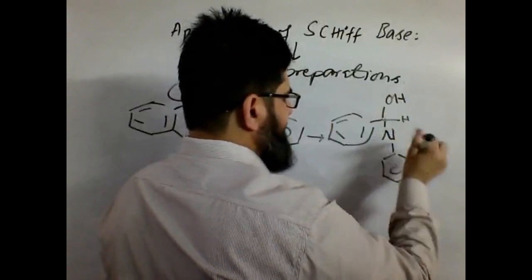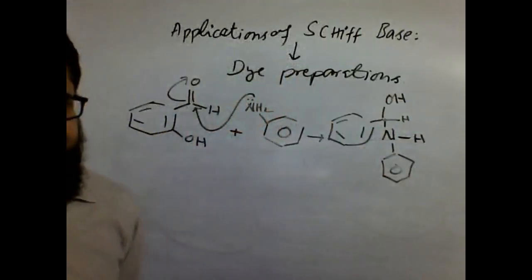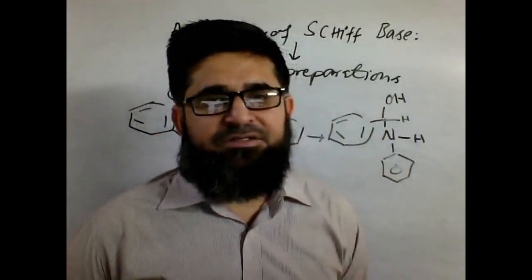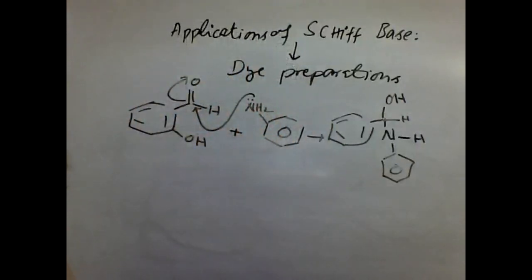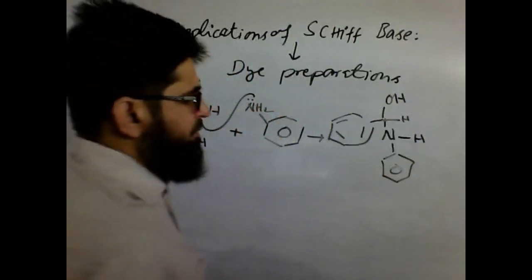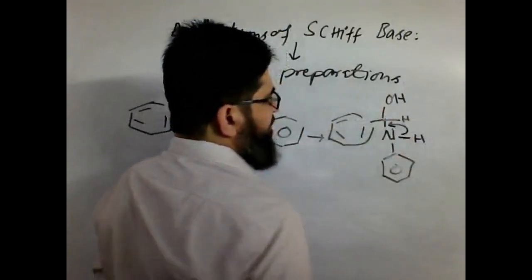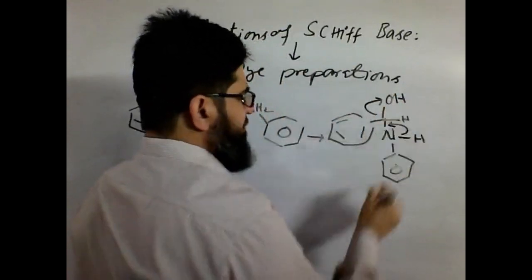Finally, this nitrogen is supposed to carry one proton. So as per the discussions, it is an amine which has acted as a nucleophile. So amines do make a double bond with the nitrogen, kicking the hydroxyl out.